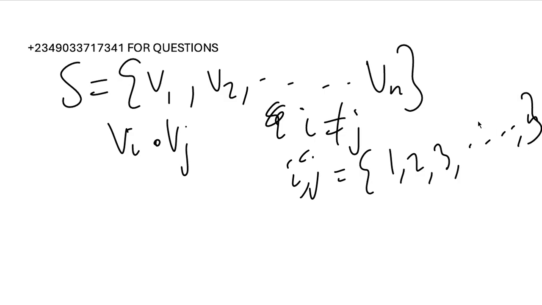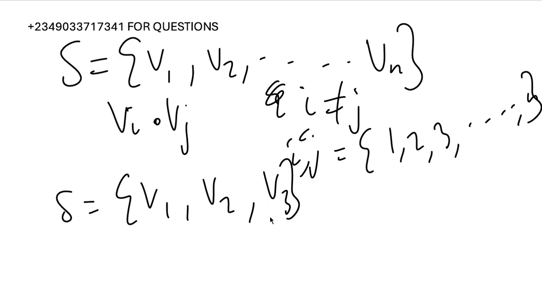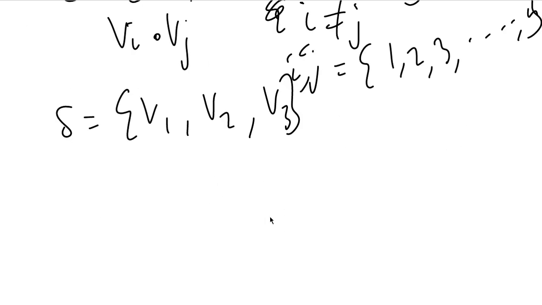What this is trying to say is, let's say we have three vectors, v1, v2, v3. For all possible pairs that you could pick from this set, their dot product is going to be 0.